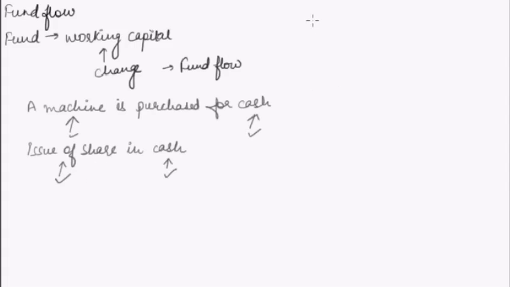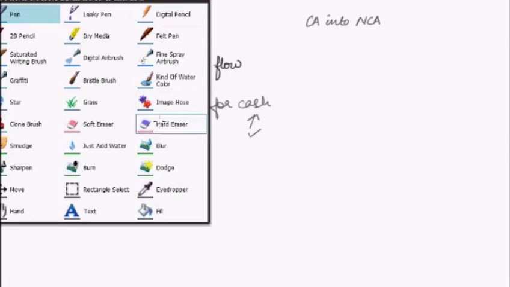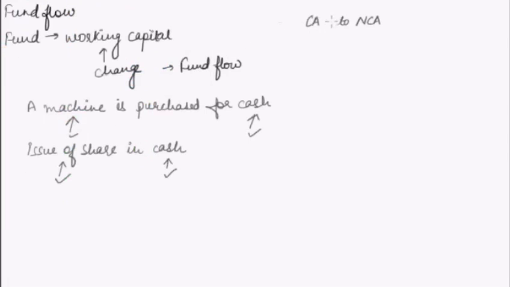In short, we can say current asset into non-current asset, or rather you write it this way.